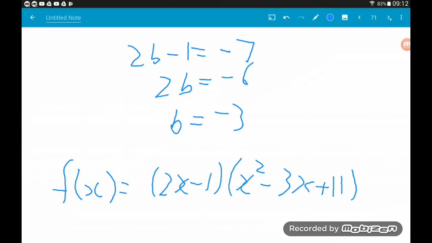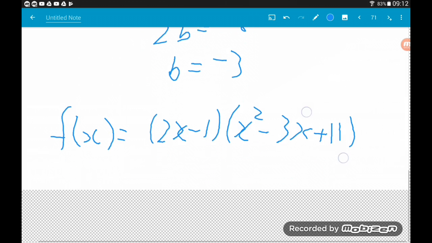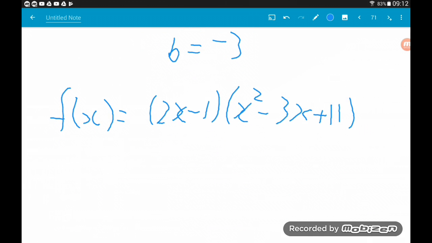Now, to prove that there are no more roots, we need to show that this quadratic has no more roots. So to do that, we find the discriminant. So the discriminant is going to be minus 3 squared, which is 9, minus 4 times 1 times 11. So that's going to be minus 44, which is going to be minus 35.